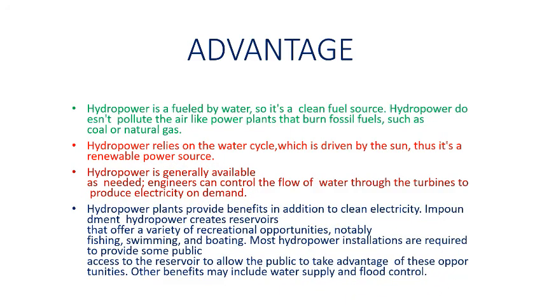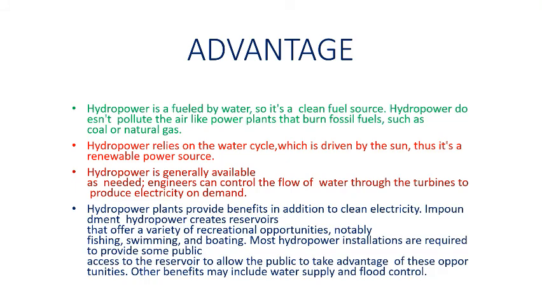Number 4, hydropower plants provide benefits in addition to clean electricity. Impoundment hydropower creates reservoirs that offer a variety of recreation opportunities, notably fishing, swimming, and boating. Most hydropower installations are required to provide some public access to the reservoir to allow the public to take advantage of these opportunities.